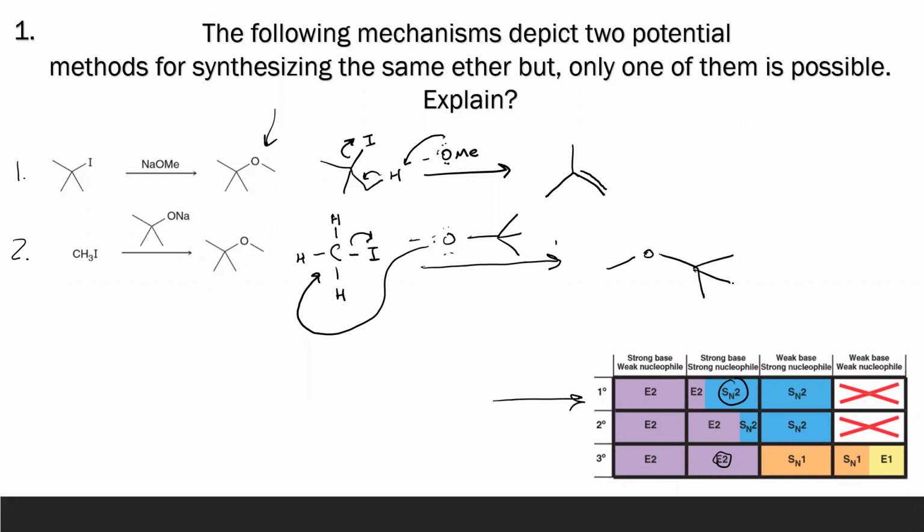And this is actually the basis of a named reaction known as the Williamson ether synthesis, that you will learn about next semester in chapter 13 a little bit more. But this illustrates what I was mentioning before, that a lot of these SN2 processes occur in many important and synthetically useful reactions that you'll learn as you progress through organic chemistry.